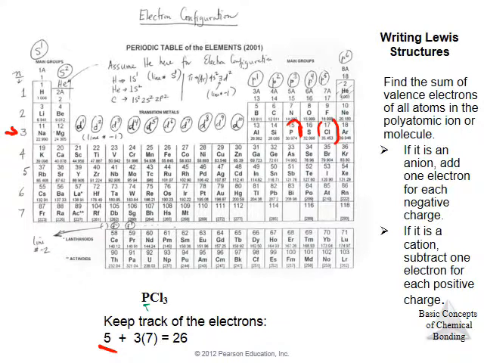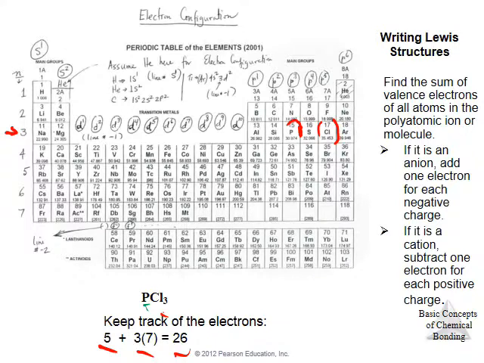It'd be 1, 2, 3, 4, 5, 6, 7. So there are 7 electrons per Cl, and there are 3 such Cl in PCl3. So 3 times 7 is 21, and then you add 5. Altogether we must have 26 electrons. So keep that in mind.